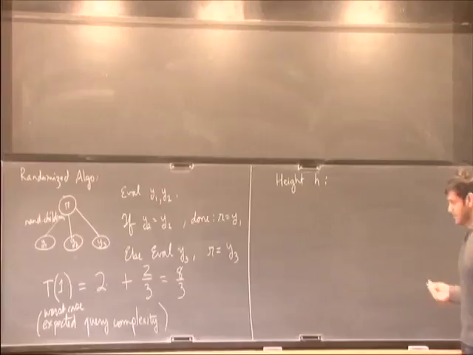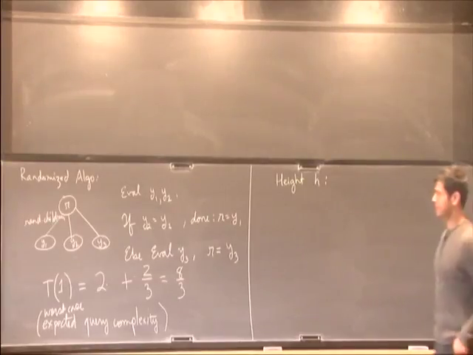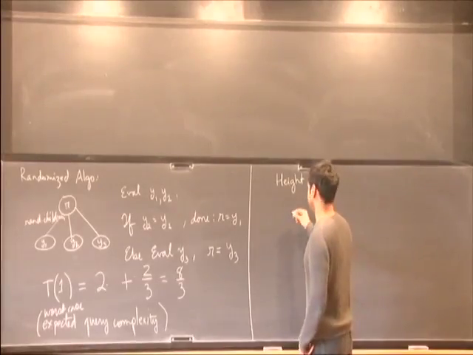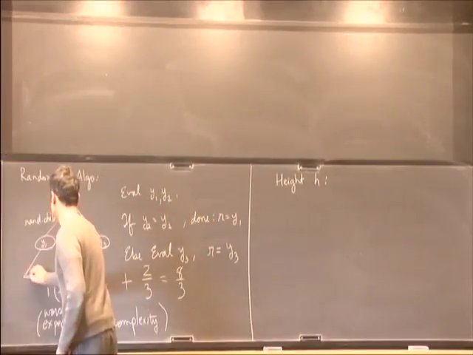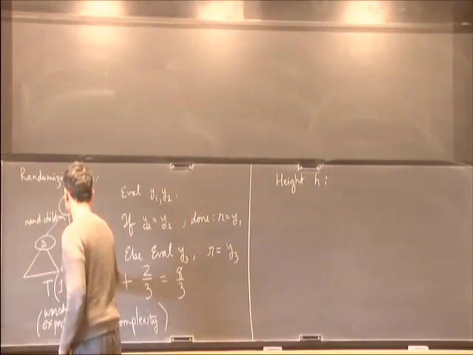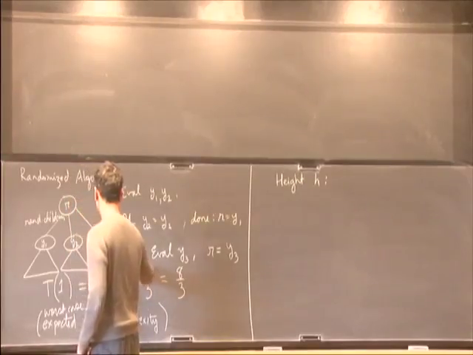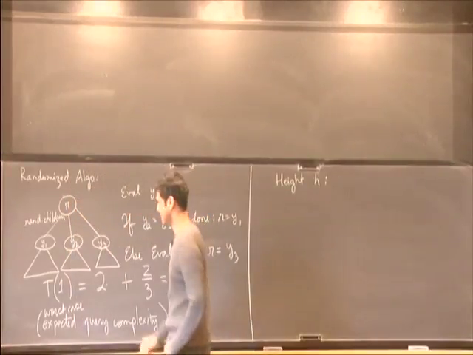So this generalizes in the natural manner to height h formulae. What you do is simply imagine these to be subtrees of height h minus 1.